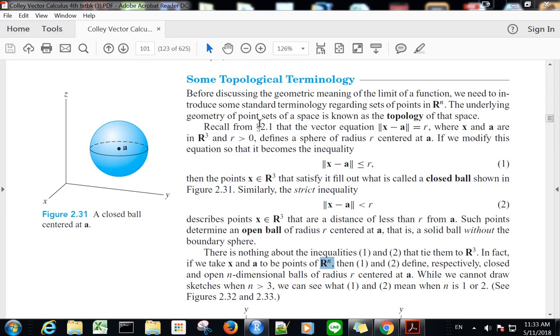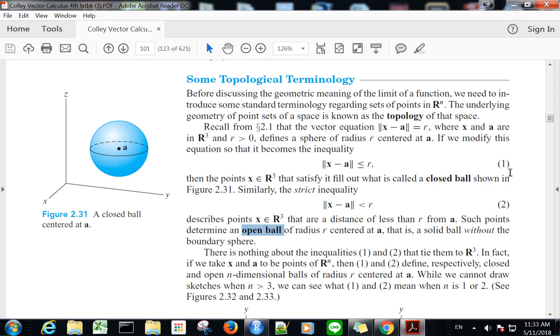Recall from section 2.1 the vector equation where x and a are in R3 and r is greater than 0 defines a sphere of radius r. So when you have equality, you get a sphere centered at a. If we modify this equation so that it becomes less than or equal to, we get what's called the closed ball. And if we use not less than or equal to, but just less than, then that's called the open ball. So this is for R3.